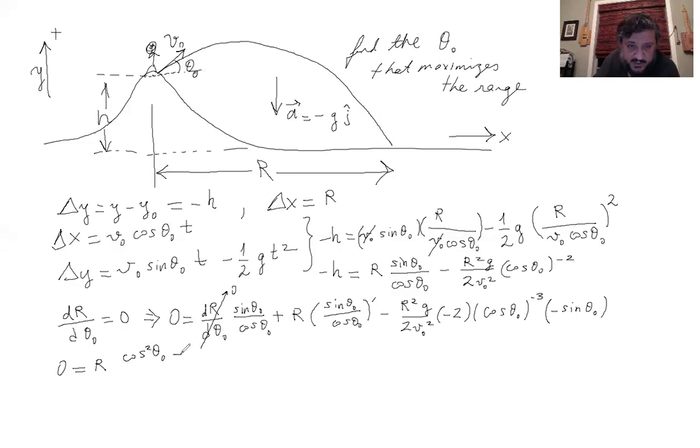And then subtract sine theta naught times the derivative of cosine, that is negative sine. So this makes it positive here. Sine squared divided by cosine squared theta naught. All right, so that's 1 in the numerator, obviously.